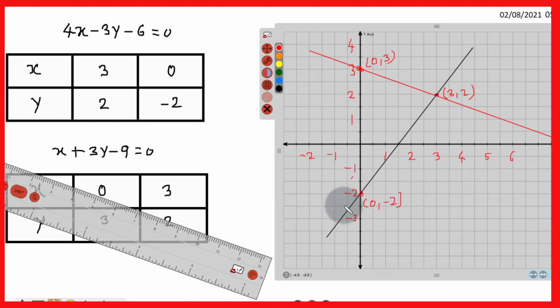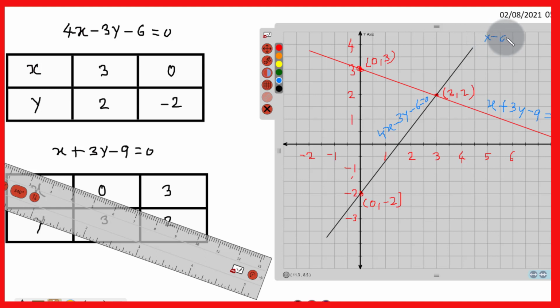So this will be the other line, and so this equation is 4x minus 3y minus 6 is equal to 0, and this equation is x plus 3y minus 9 is equal to 0.